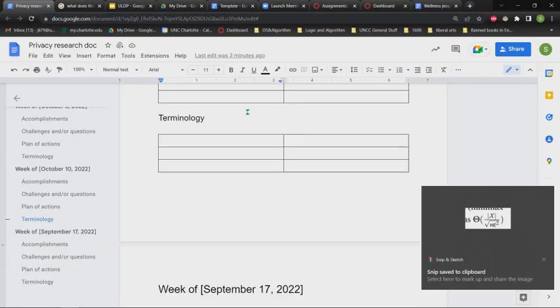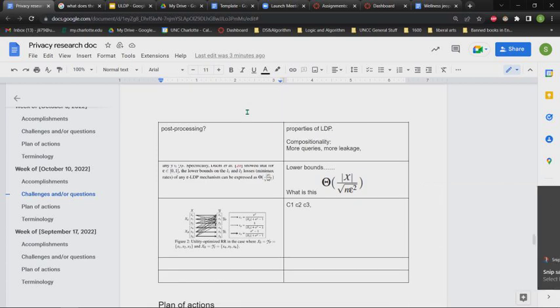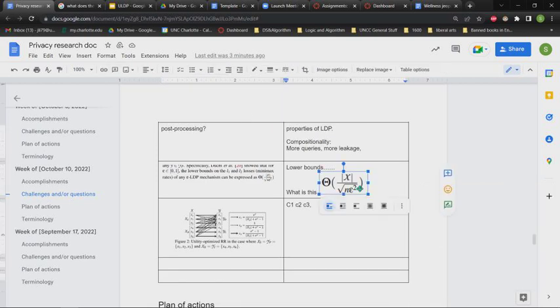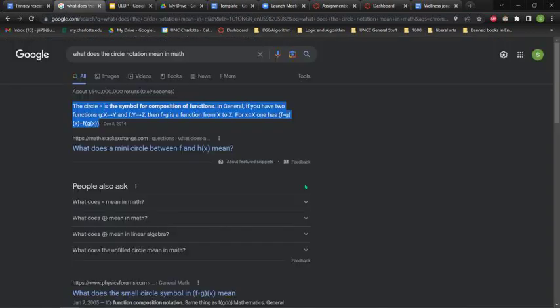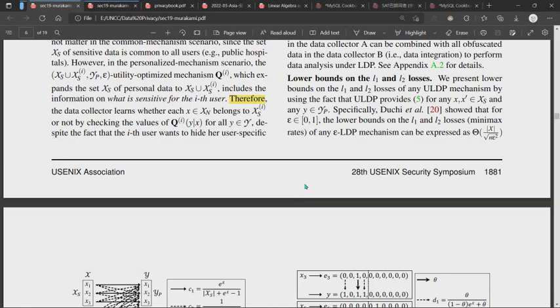Did I already start here? Did I already talk about this? What is this? I still don't know, because I feel like it's referring back to equation 5, which is basically LDP.